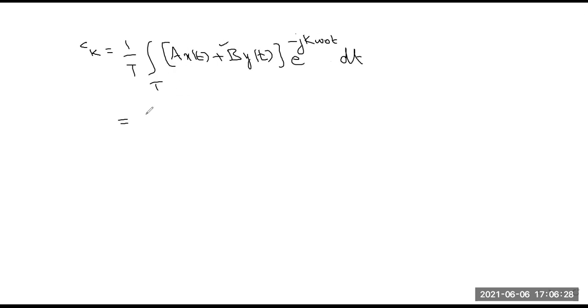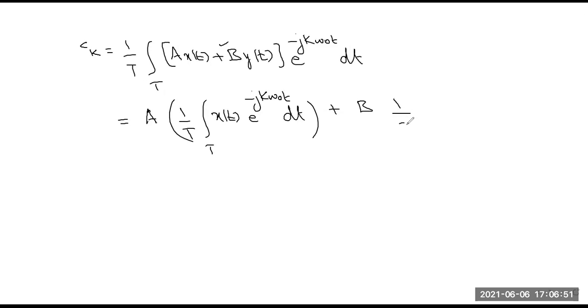So I get a times 1 over T, integration over T, x of t e power minus jk omega naught t dt, plus b times 1 over T, integration over T, y of t e power minus jk omega naught t dt. So I can easily rearrange this equation in this form.